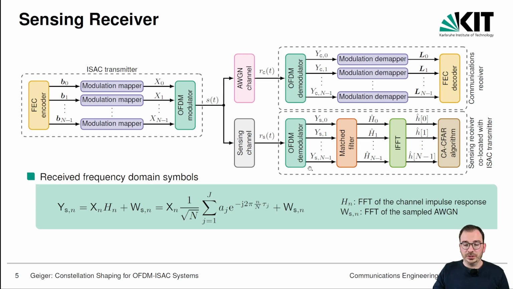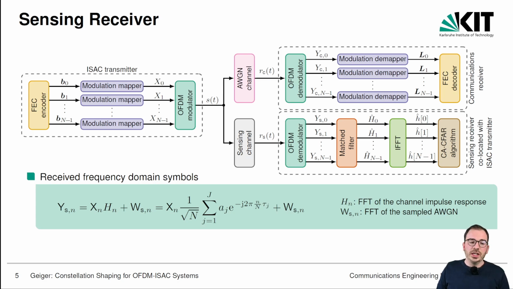The received symbols are then fed together with the transmit symbols to a matched filter, which estimates the sensing channel in the frequency domain. However, since we are interested in the delay domain channel estimate, the frequency domain channel estimate is passed to an IFFT before the delay domain channel estimate is passed to the cell averaging CFAR algorithm, which determines whether a target is present at a certain delay.